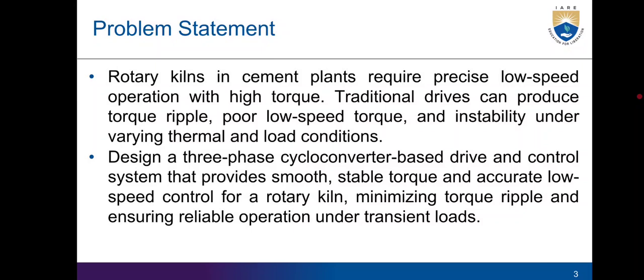Design a three-phase cycloconverter based drive and control system that provides smooth, stable torque and accurate low speed control for a rotary kiln, minimizing the torque ripple and ensuring reliable operation under transient loads.